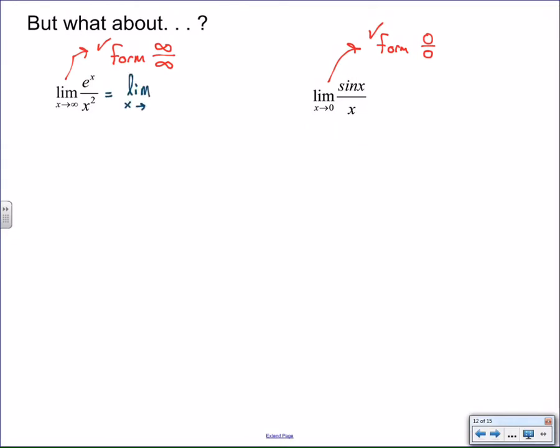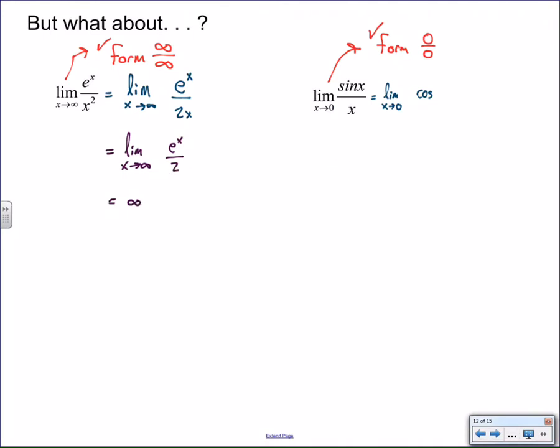So I will take the derivative of e to the x, which is e to the x, derivative of x squared, which is 2x, and still indeterminate, still infinity over infinity. So I do it again, e to the x over 2 this time, and now when I allow x to approach infinity, the numerator approaches infinity while the denominator stays at 2, so we have half infinity, or just infinity.